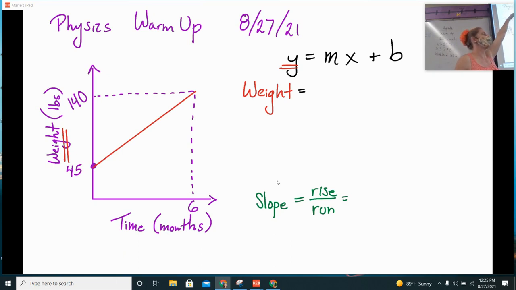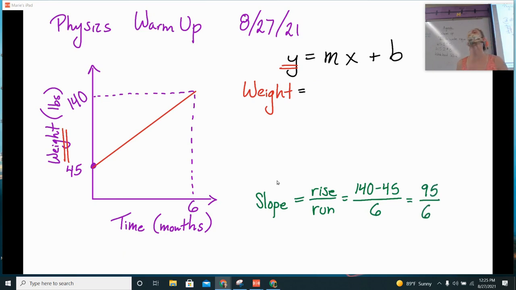So my rise is not 140. My rise is 140 minus 45. And my run is how much it goes over. And that is going to be 6. So that means this goes up 95 and over 6.